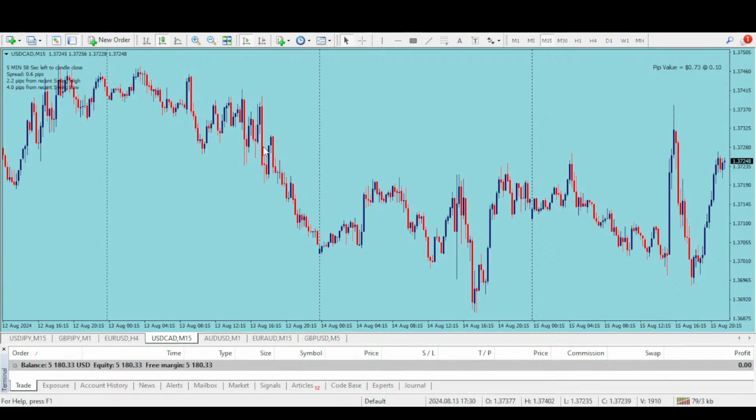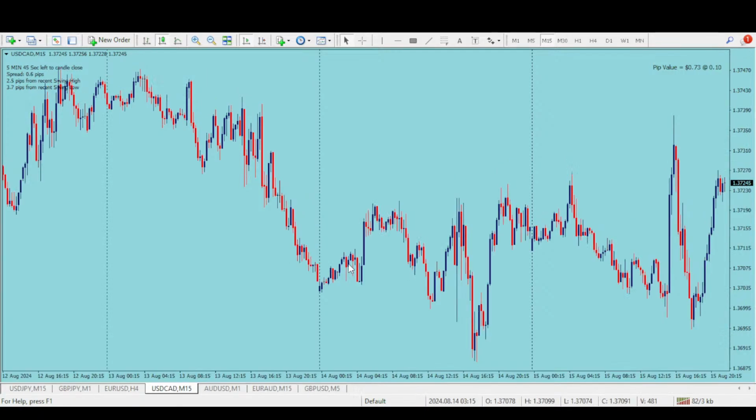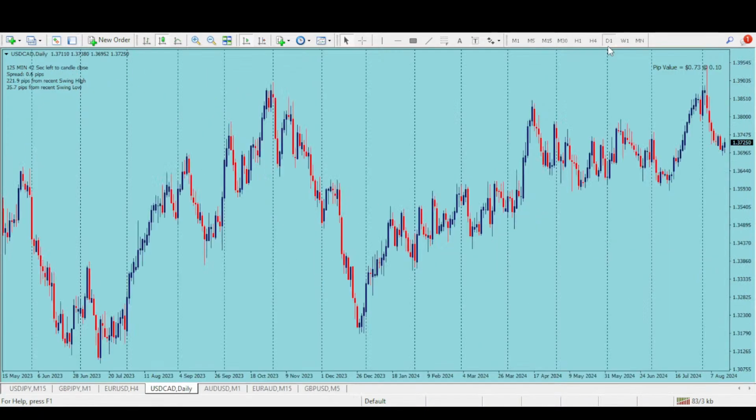Okay, so this is a live market. Being a live market, like I normally teach, the first thing we are supposed to do is go to higher time frames.